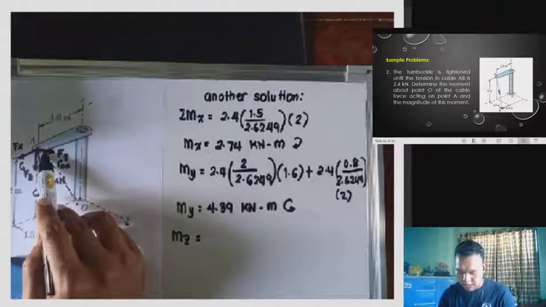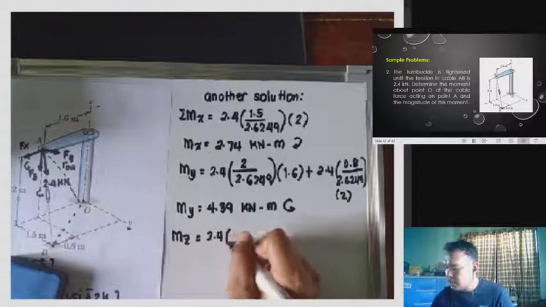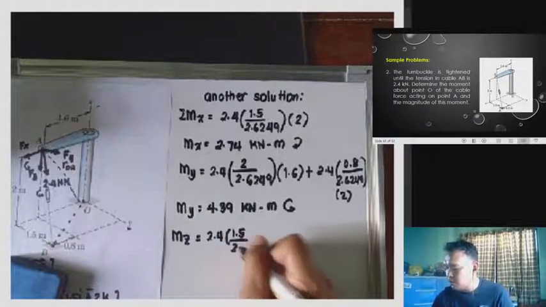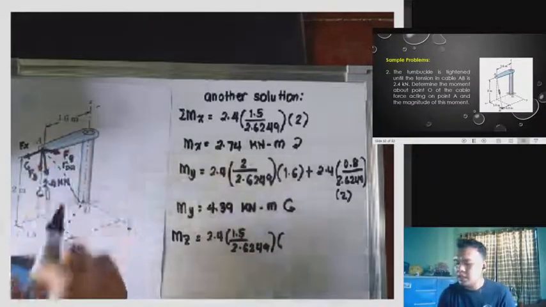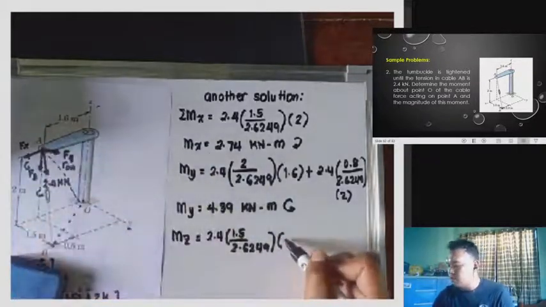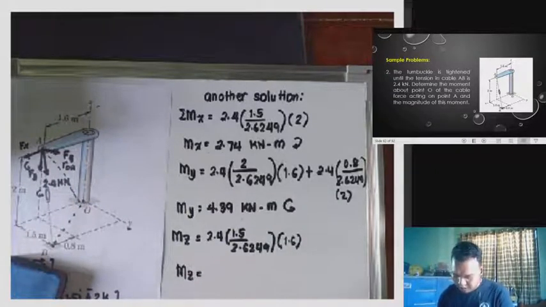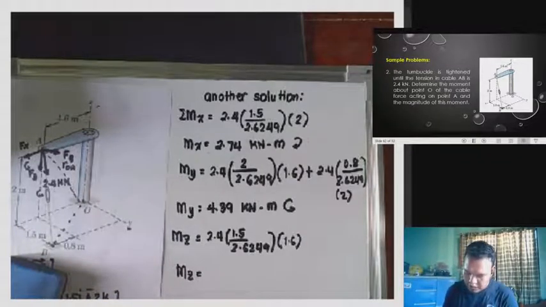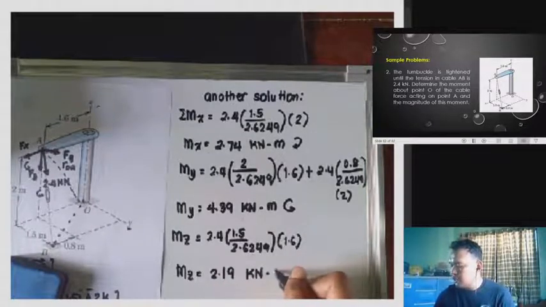So, lalabas yung fy lang po ang gagalaw. So, we have here fy which is 2.4 times 1.5 all over 2.6249 times perpendicular distance niya na is ito, papunta doon, 1.6. Therefore, mz is equivalent kay 2.4 times 1.5 all over 2.6249 times 1.6. We have here 2.19 kilonewton meter.